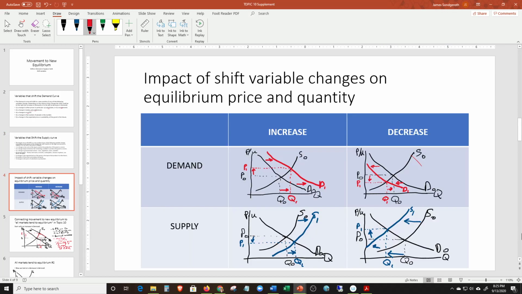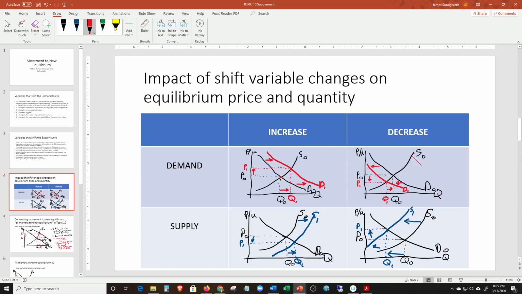So here I've drawn a sort of matrix, a table 3 by 3, but really it's the 4 basic tables, which I've sketched in supply and demand curves. So in this first one, where we have an increase in demand, you can see we move from an equilibrium price here to an equilibrium price here, okay?